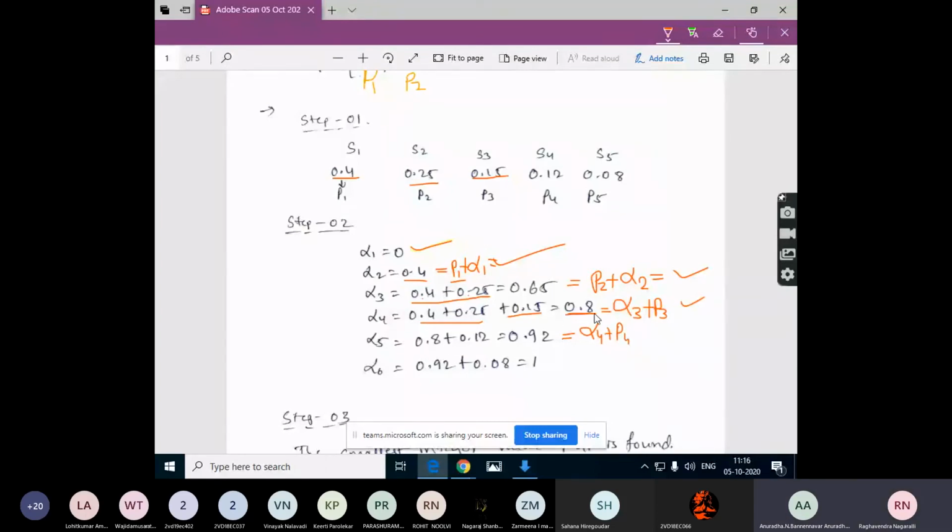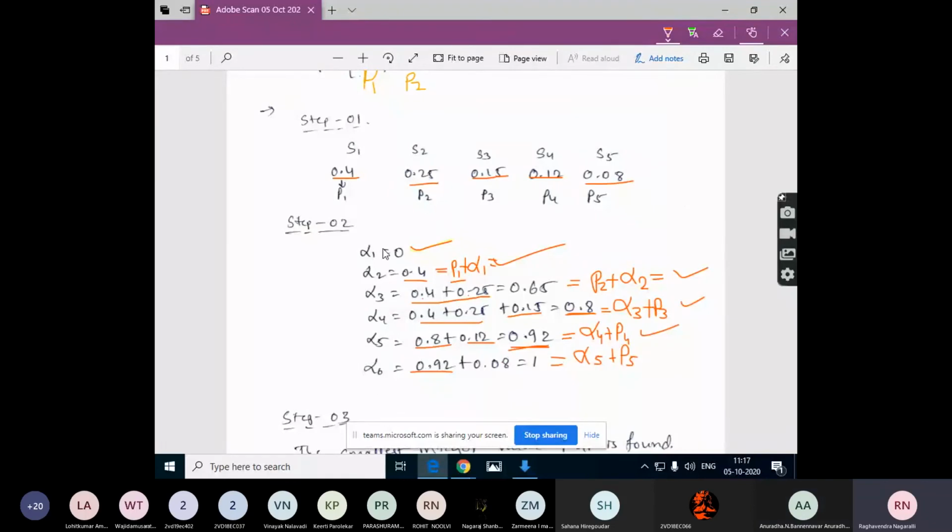Alpha 4 is 0.8 and P4 is 0.12, so it is 0.92. And alpha 6 is alpha 5 plus P5. Alpha 5 is 0.92 plus P5 is 0.08, which is equal to 1.